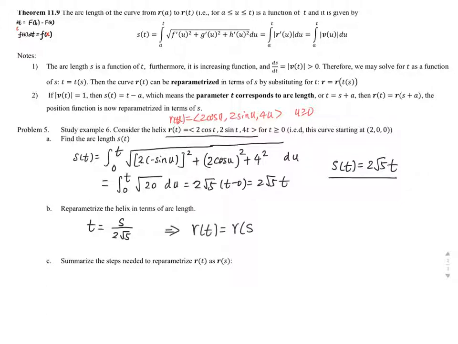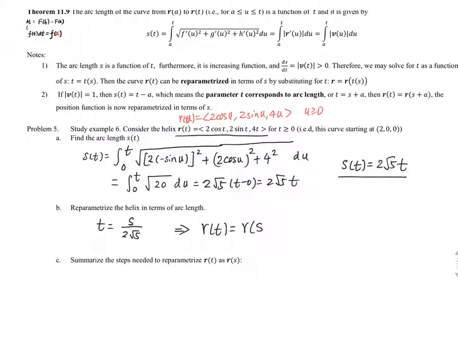Let me write this out. r of t is r of s over 2 square root of 5, because t is s divided by 2 square root of 5. Originally it was 2 cosine t, so it is 2 cosine of s over 2 square root of 5, and 2 sine t means 2 sine of s over 2 square root of 5, and 4t is 4 times s over 2 square root of 5.